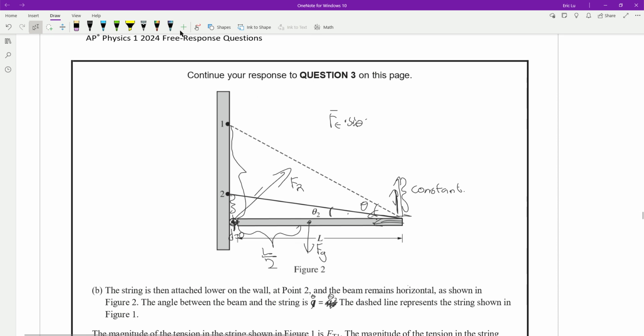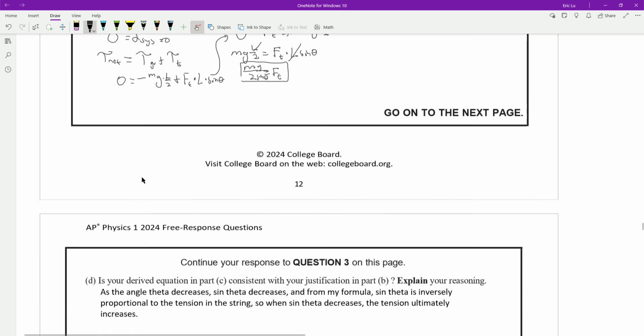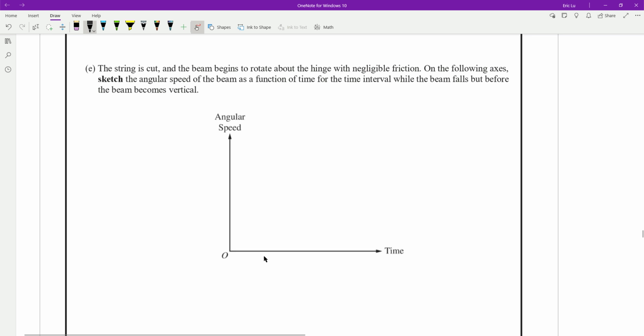But as it goes down, like pretend the position is here and this is the beam, the force of gravity is not perpendicular to the beam. So the torque would actually only be this component of the force of gravity, which is less. So later, as it goes down, the angular speed would decrease. It would look something like this. Initially, the angular speed will be up, and it will decrease over time.